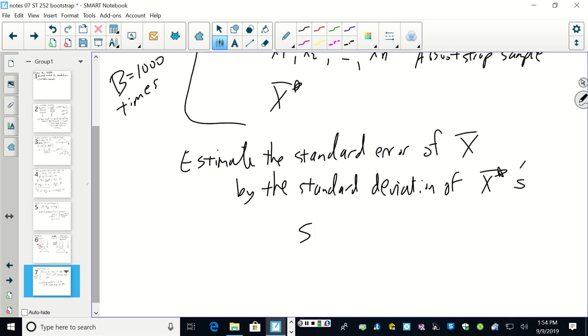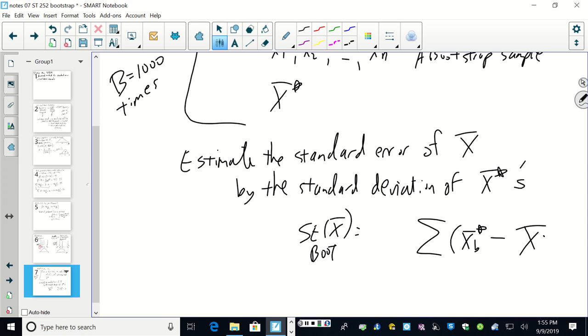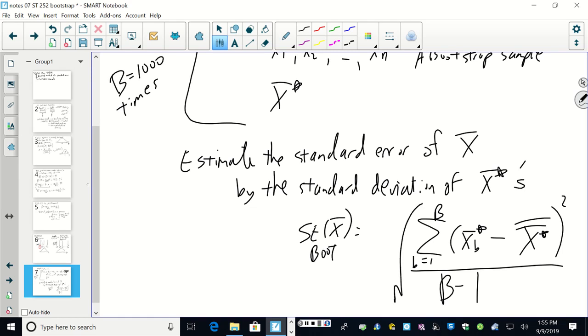So the standard error of x bar from the bootstrap is we're going to add up the x bar stars, with the little b index there. Take the average of those, a double average because it's an average of averages, and square that. Divide that by the number of replications we have, the number of simulations. This little b would go over all the different bootstrap times we've done it, and just take the square root of those things.